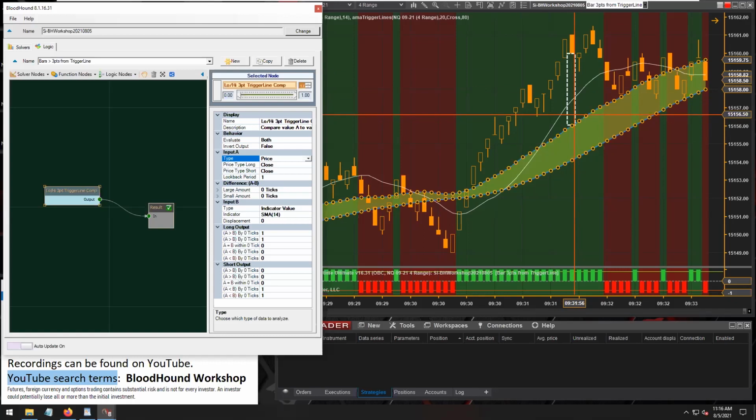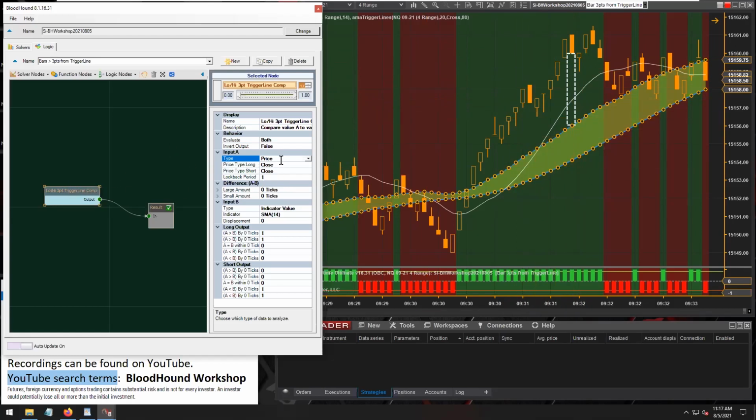If you're generating a long output when price is above the trigger lines, that would only block long signals, but maybe you want to block short signals. You really have to think about which signals exactly you want to block. Is it only long signals, only short signals, or all signals? You have to plan that out when you're designing your system.